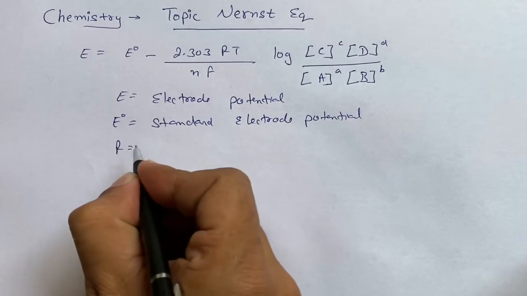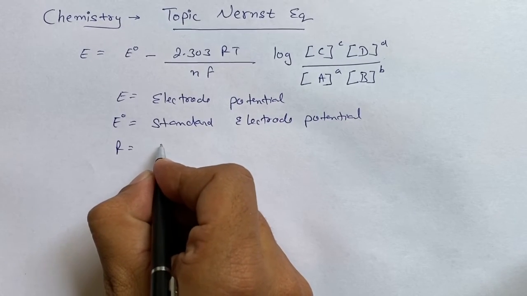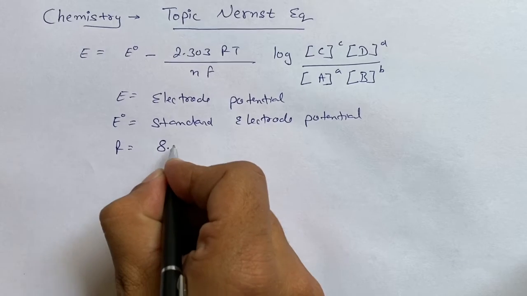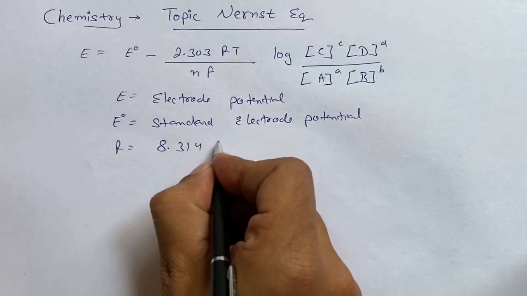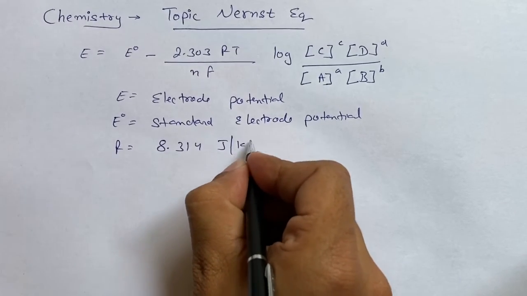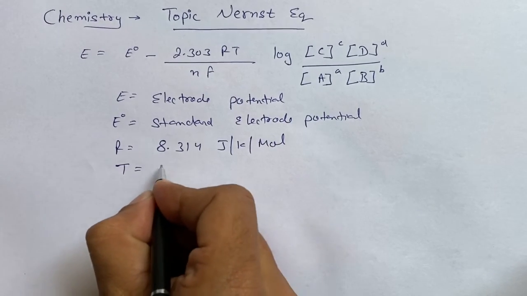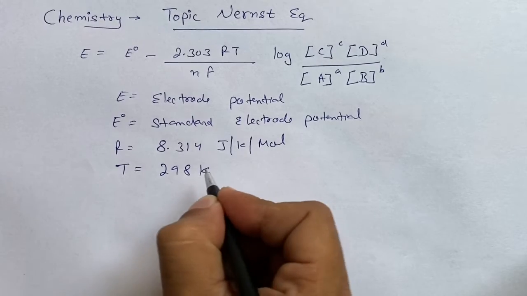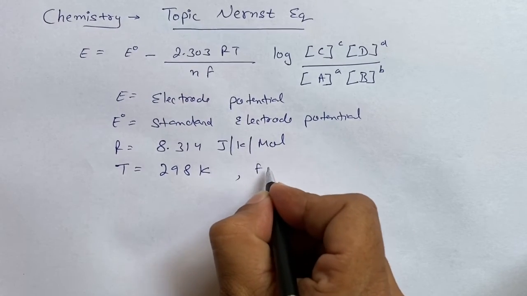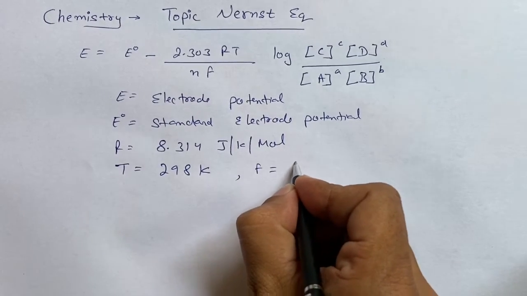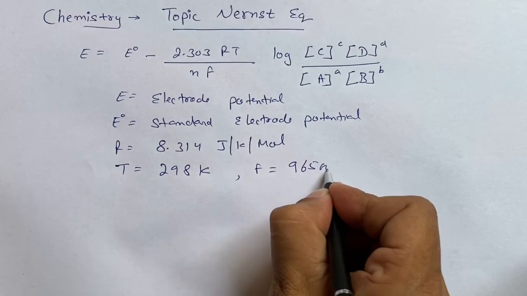R is the gas constant, and its fixed value is 8.314 joule per Kelvin per mole. Temperature T is 298 Kelvin, which is room temperature. F is the Faraday constant, fixed value 96500.